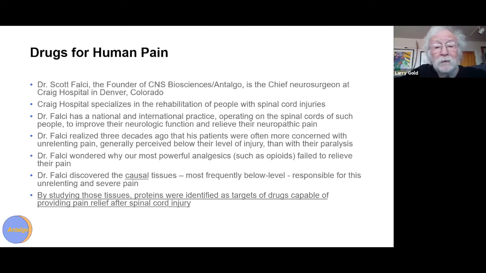And you have to read this because there are so many shocking things here. Craig Hospital specializes in the rehabilitation of people with spinal cord injuries, paraplegics and quadriplegics, a terrible thing that happens to people.